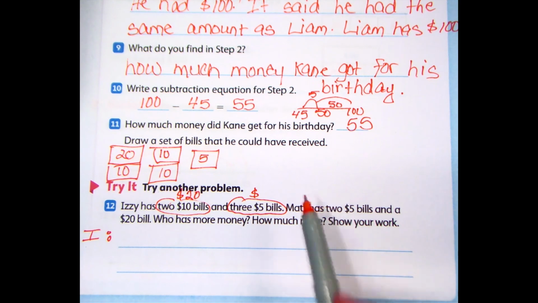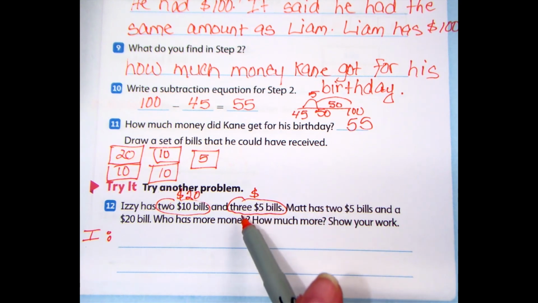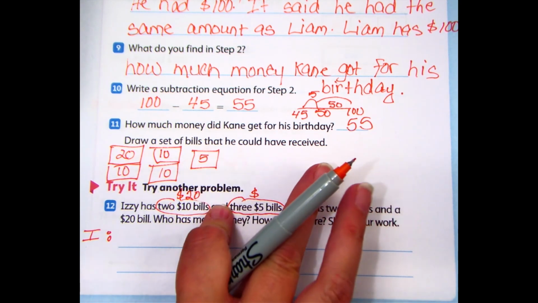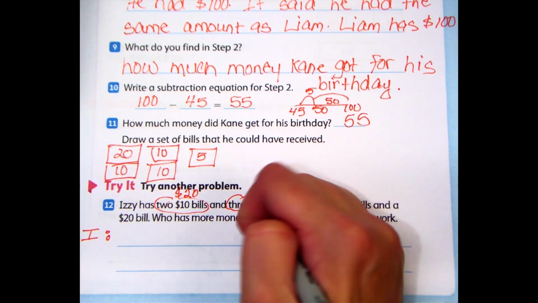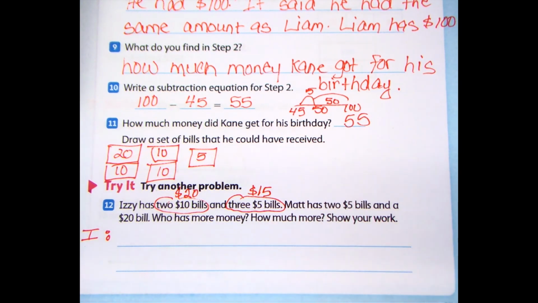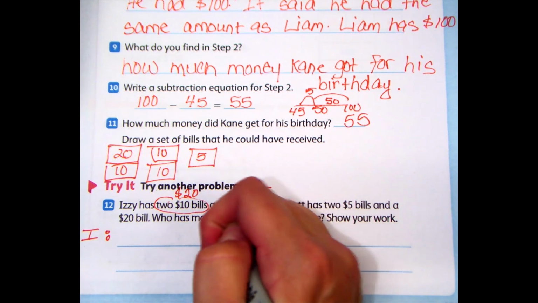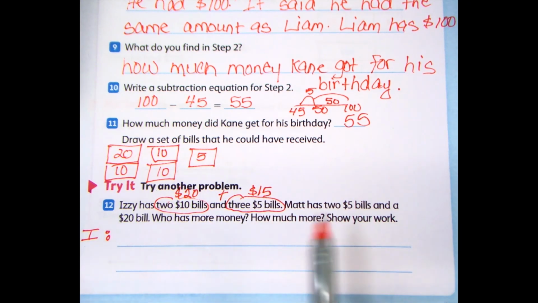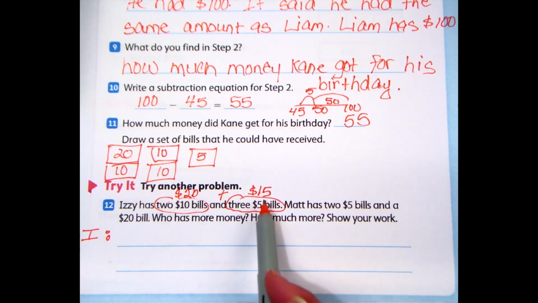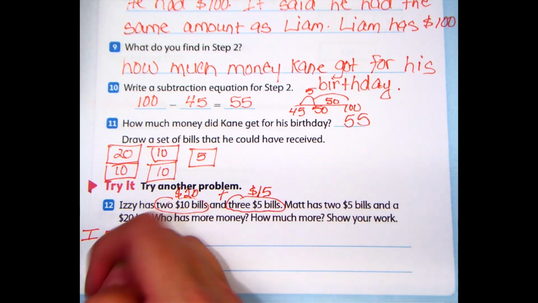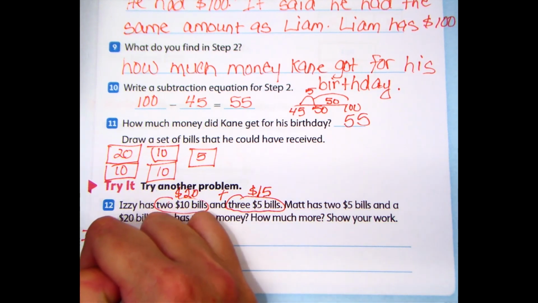So if I'm counting by fives, and I have 3, I'm going to count 5, 10, 15. So 15. Okay, so when I put 20 plus 15, so that's 20, 35. So Izzy has $35.